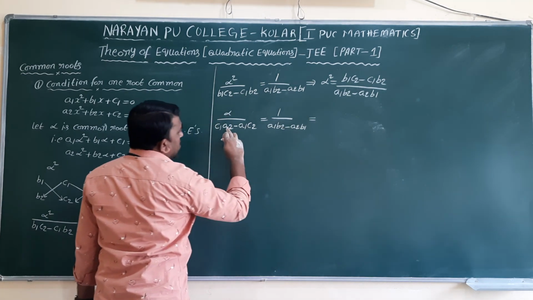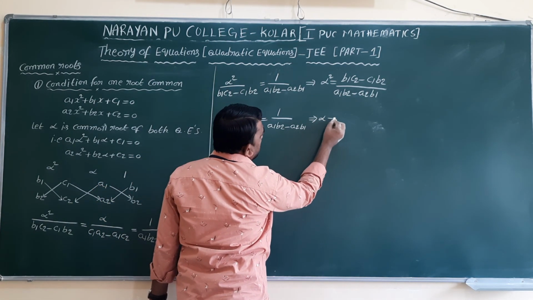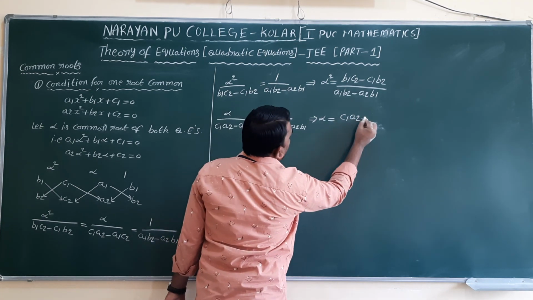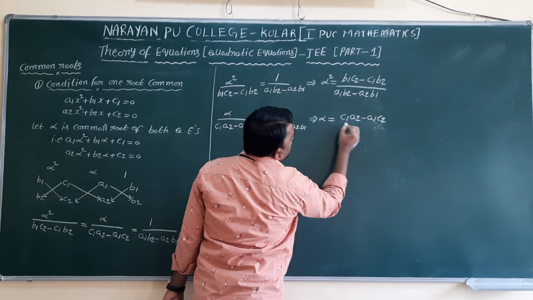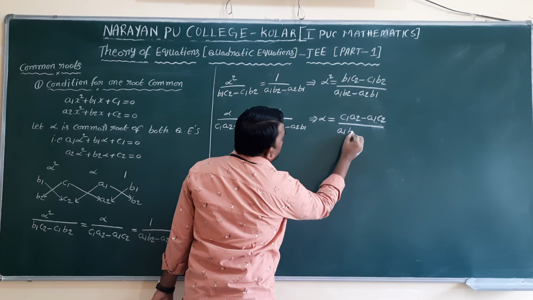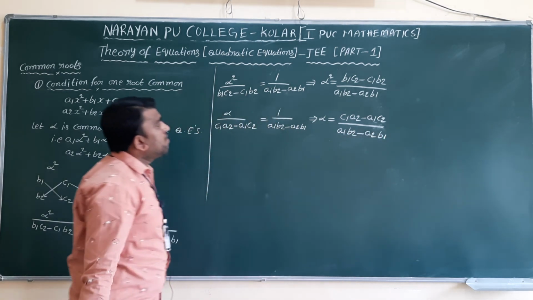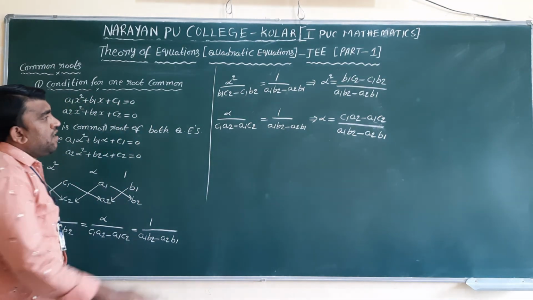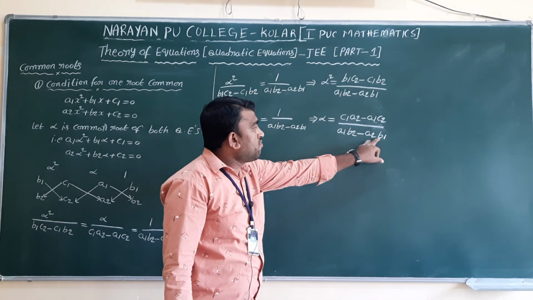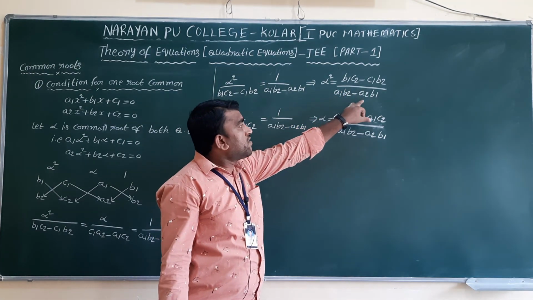This denominator value will go to the right side, implies alpha equal to c1 a2 minus a1 c2 divided by a1 b2 minus a2 b1. So alpha is c1 a2 minus a1 c2 by a1 b2 minus a2 b1. Then alpha square is b1 c2 minus c1 b2 by a1 b2 minus a2 b1.